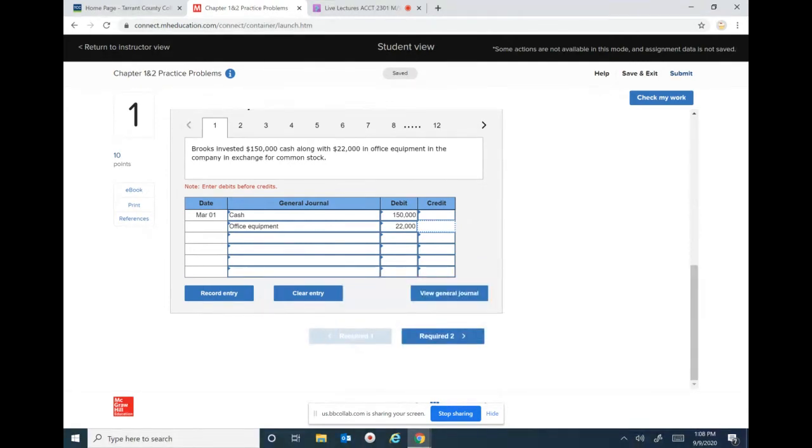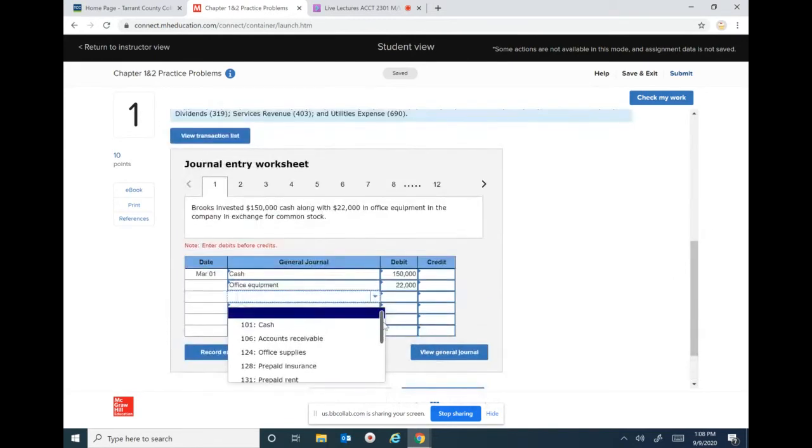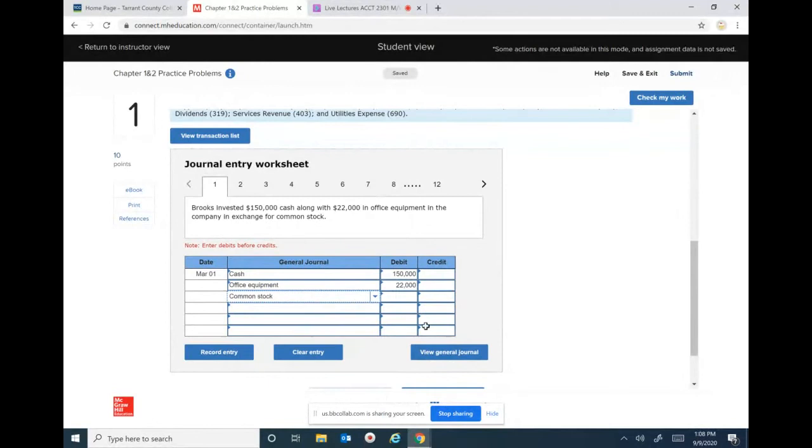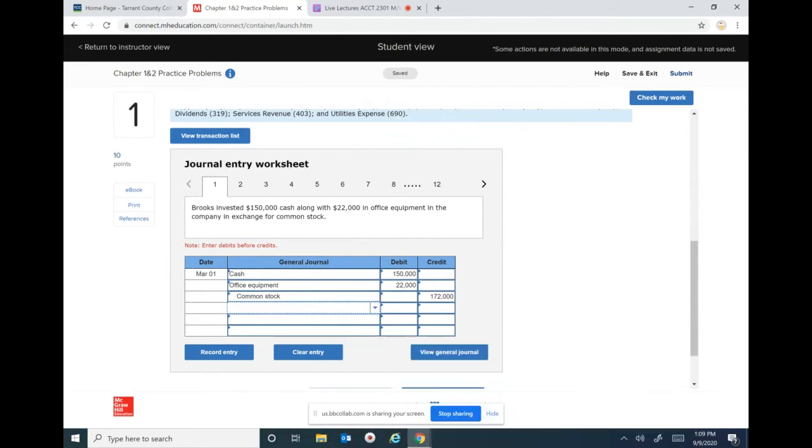On the credit side, I know that common stock is going up as well. So I will credit common stock, but I'm not going to credit common stock for 150 or 22,000. I will credit common stock for $172,000 because that's the sum of the two.